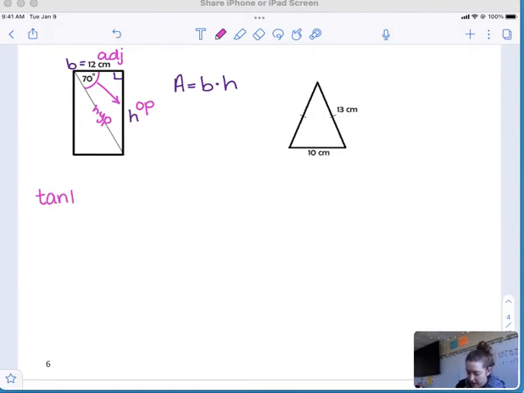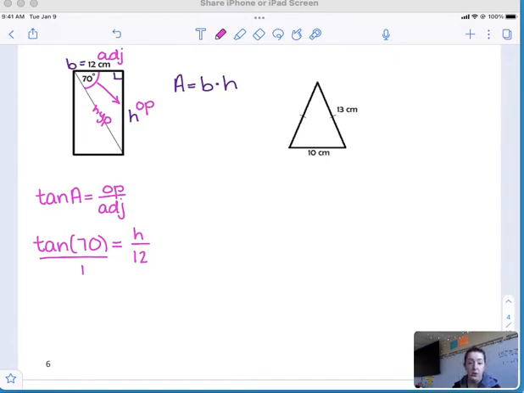Remember, tangent of an angle is the opposite side over the adjacent. So we'll have the tangent of our angle, 70, equals opposite, which is h, over adjacent, which is 12. We'll put that tangent of 70 over 1, and then we'll cross multiply.